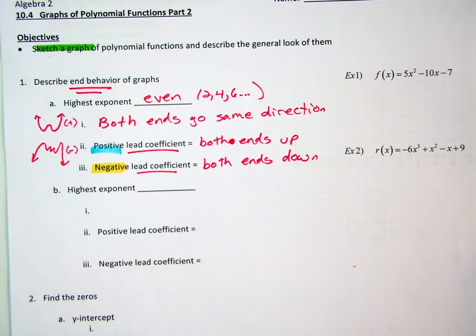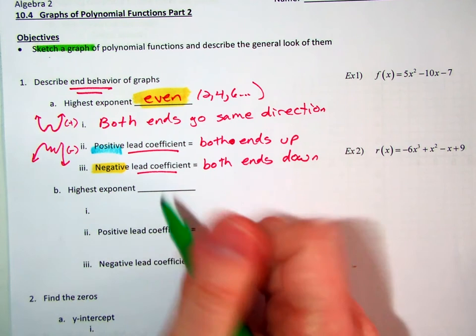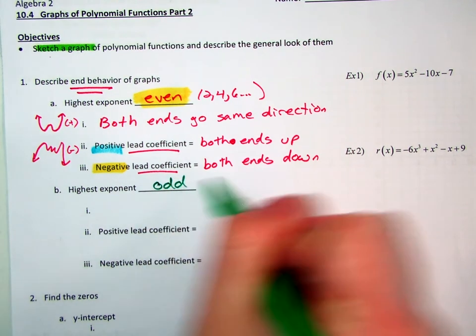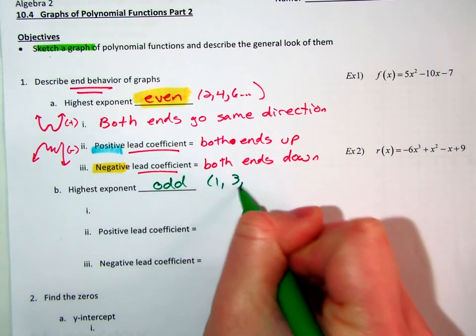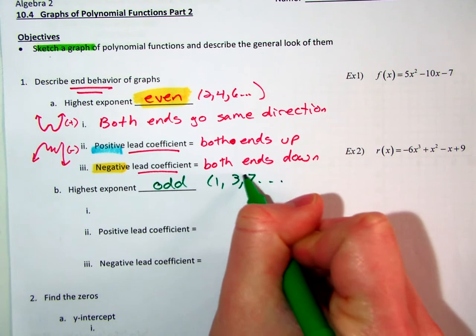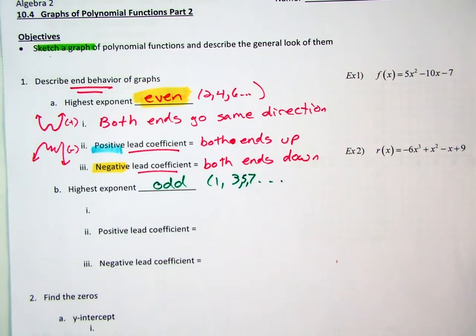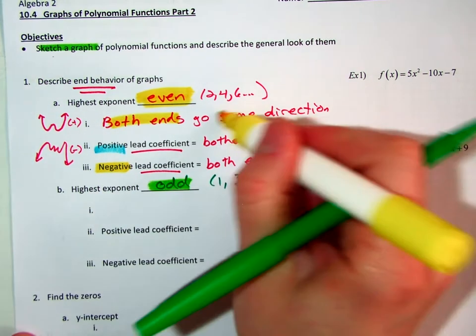Now, that was all about the even exponents, right? When we look forward to the next one, we'll talk about the highest exponent being odd, right? So like 1, 3, 7. Skipped 5, but yeah. Okay, so when we talk about odd ones, it's a little bit different. When we talked about even, both ends went in the same direction.